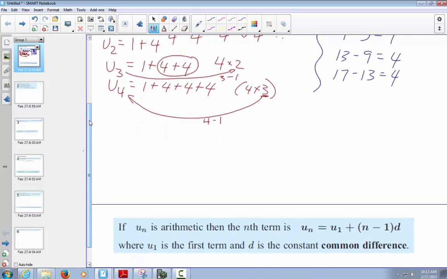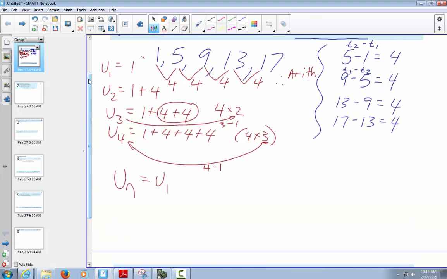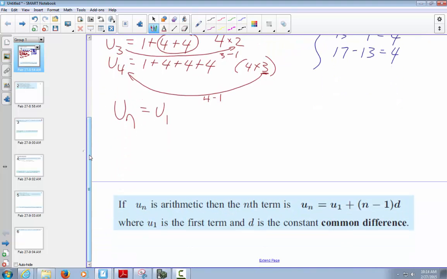So, if we have a general situation, Un is equal to U1 plus n minus 1. So fourth term, take away 1, we get 3. Well, that would be that. Times d, where d is the constant difference.